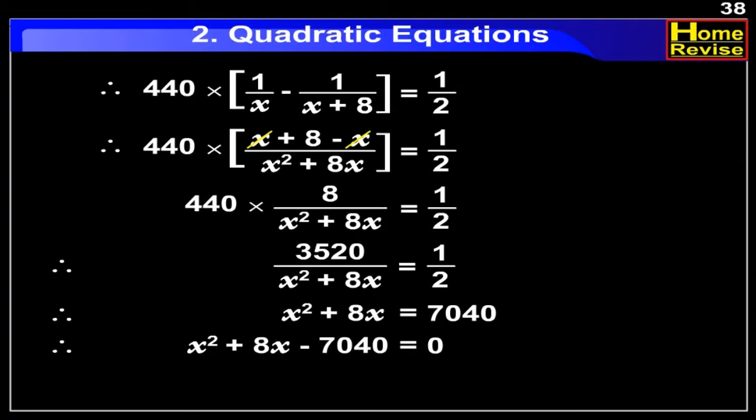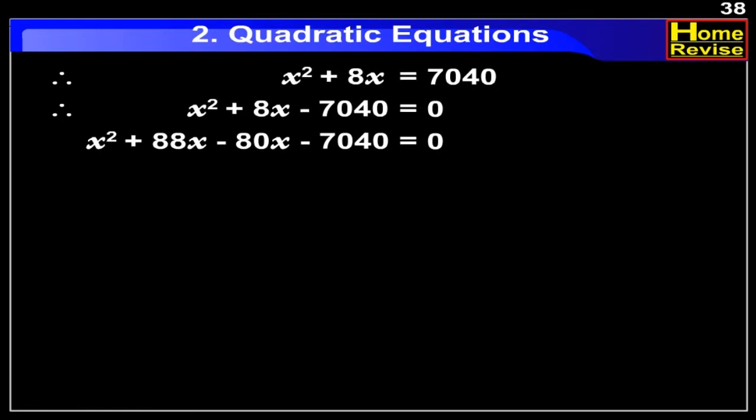Now, splitting the middle term, we have x square plus 88x minus 80x minus 7040 is equal to 0. Taking out x common from the first two terms, we have x in bracket x plus 88, and taking out minus 80 common from the next two terms, we have minus 80 in bracket x plus 88 is equal to 0.